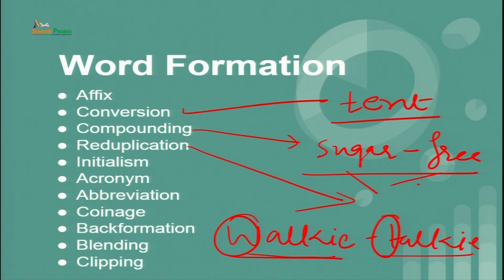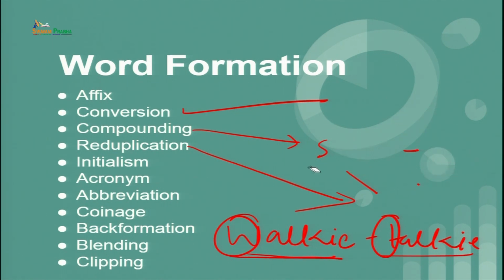Similarly, if I have to ask you for an example where the vowel gets changed, you may come up with words like chit chat. So, what happens in chit chat? You find consonants are not changed, rather vowels change. So, in chit, the i sound is there, and then in chat, the a sound is there. So, therefore, you can say that in the process of reduplication, vowels also change.